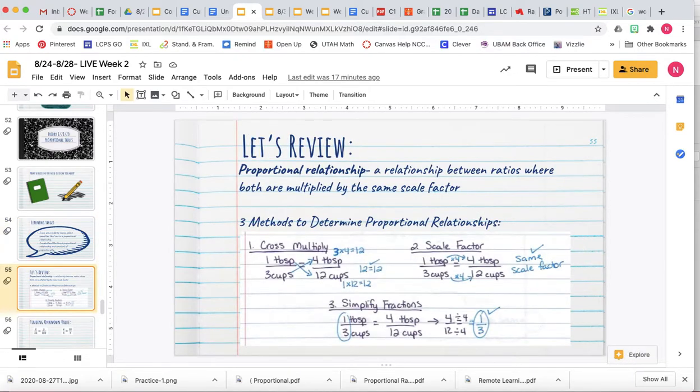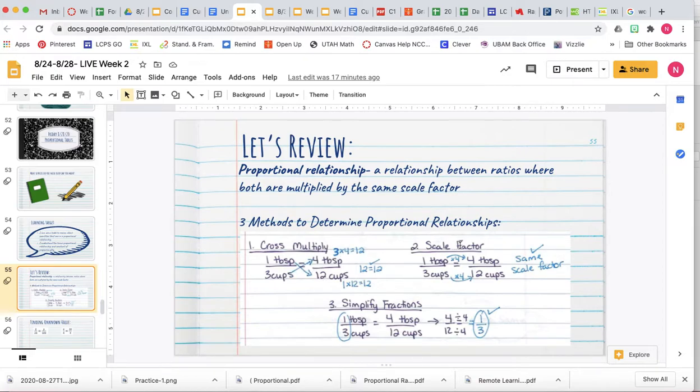But before we talk about constant of proportionality, let's just review proportional relationships first. So that's just a relationship between two ratios where both are multiplied by the same scale factor. And we talked about yesterday 3 ways to determine proportional relationships. We said cross multiplying, which is also what you guys learned in elementary school as the butterfly method.